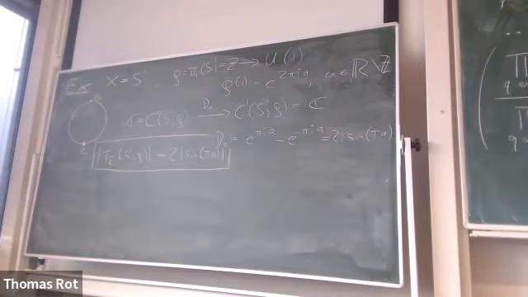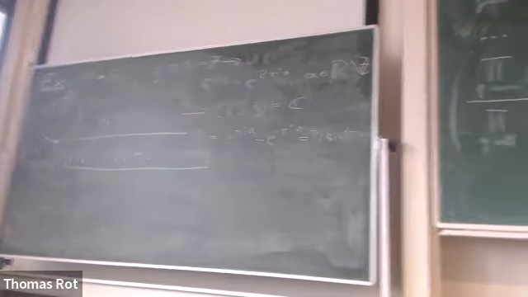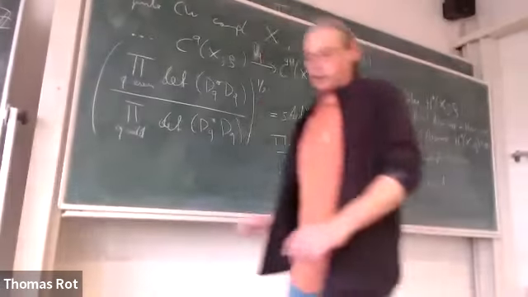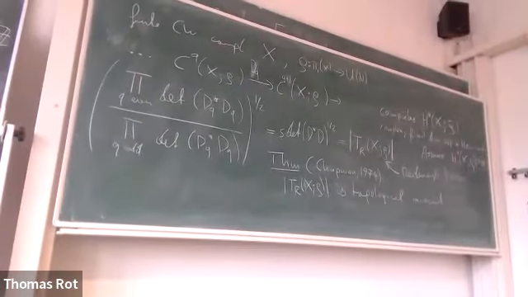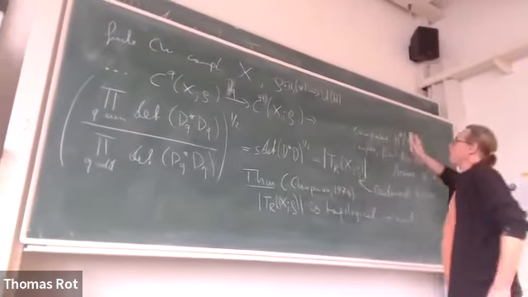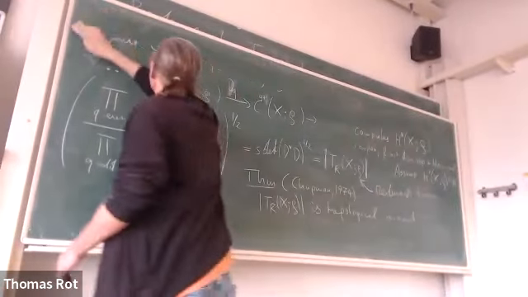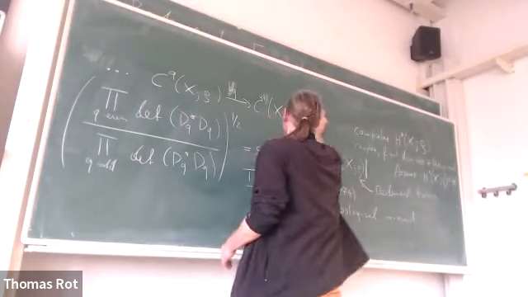Okay. That's the circle. And then I would like to show you another computation that was the result of this computation that had been done by Reidemeister. He looked at lens spaces. These are three-dimensional manifolds. You obtain them as a quotient of the sphere by a group action.